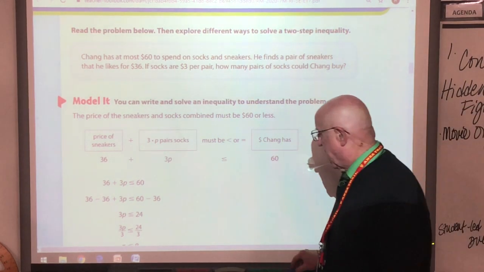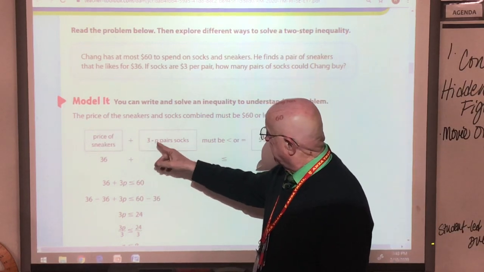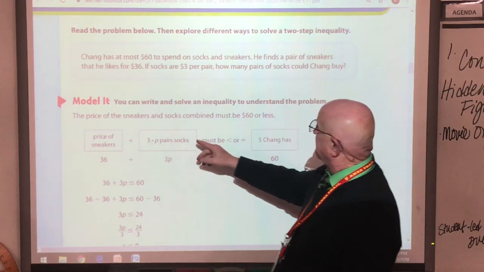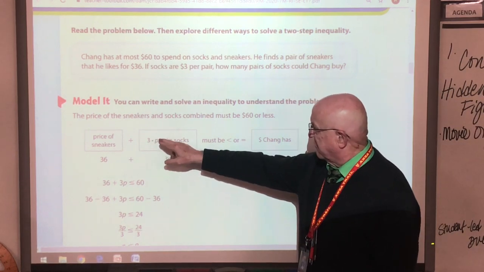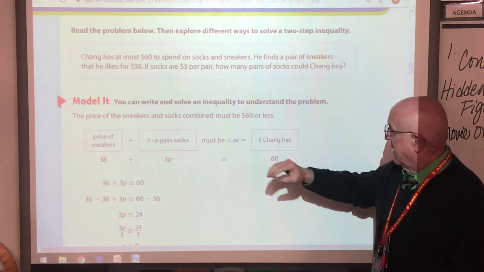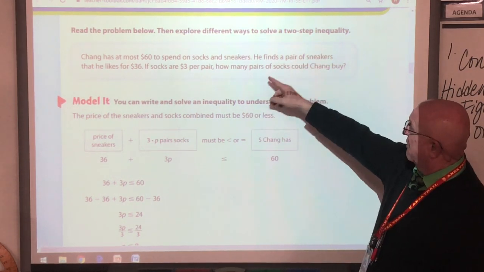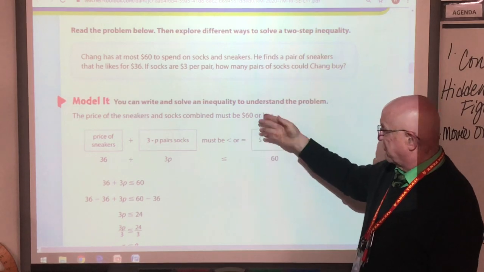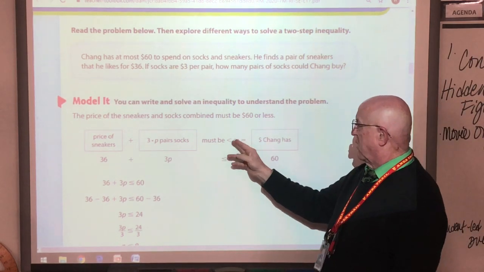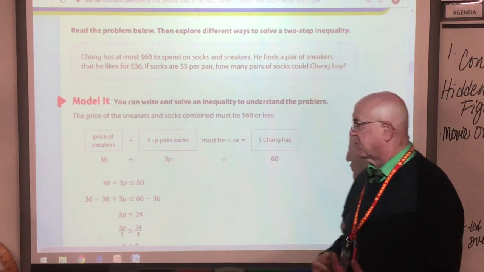So we'll start with our block diagram and the price of the sneakers plus three times a pair of socks, because 3 times P for the pair of socks, because each pair of socks is $3, and must be $60 or less, because that's all the money he has. Must be less than or equal to $60 would give us a less than or equal to sign.